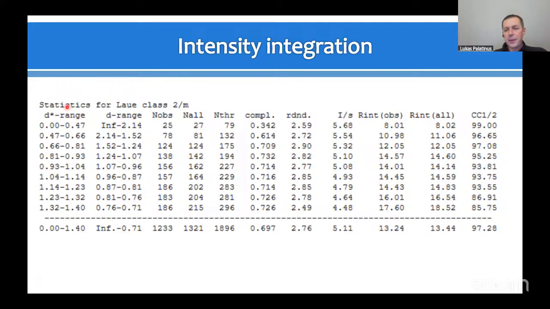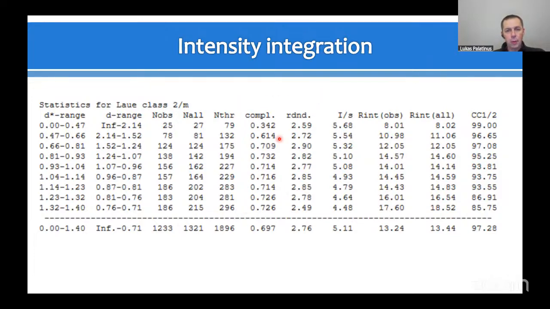And that is typically summarized in a table like this, which splits the data into a number of resolution shells, from the lowest resolution all the way up to the highest resolution that we see in the data. And this table contains a range of statistics.